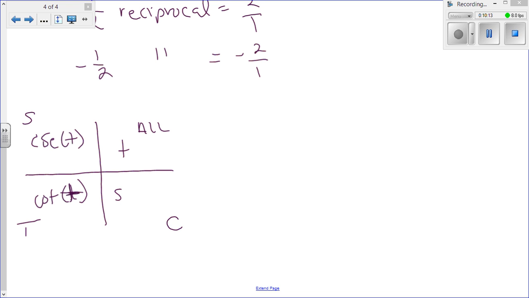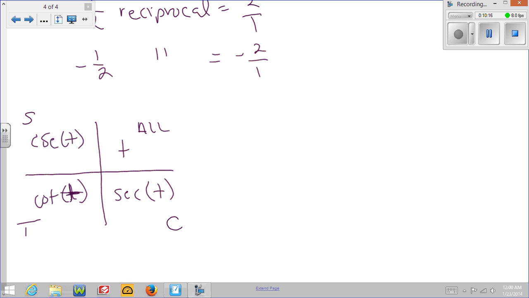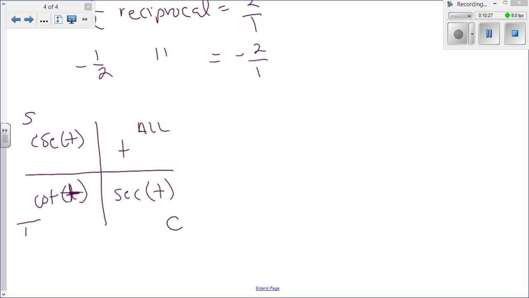And secant is positive in quadrant 4 because cosine is positive, and those are the reciprocal functions. So on your chart, I think I have one too many lines.